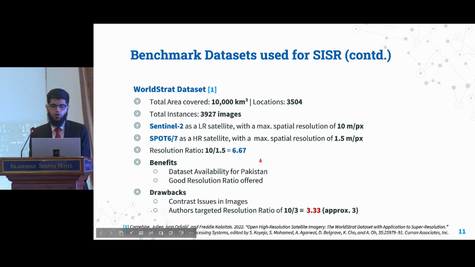So the resolution ratio offered is approximately 6. The benefits are that SPOT 6/7 and Sentinel-2 both offer data for Pakistan, and the resolution ratio offered is also good. But there are some drawbacks in this data, like some contrast issues if you compare the lower resolution and the high resolution image.